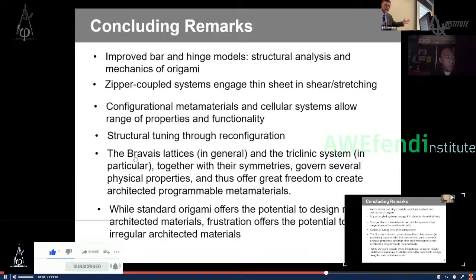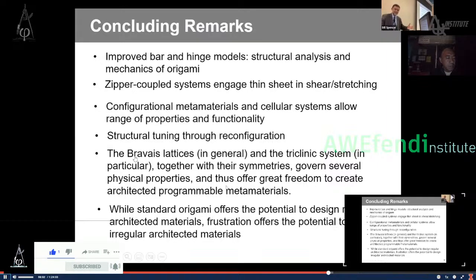And then just summarizing, we have seen since the beginning, we have seen improved bar and hinge models. We have seen metamaterials that are done by exploring origami reconfigurability and frustration at the unit cell level, tessellation level, material level, and we can achieve a structural tuning through reconfiguration.